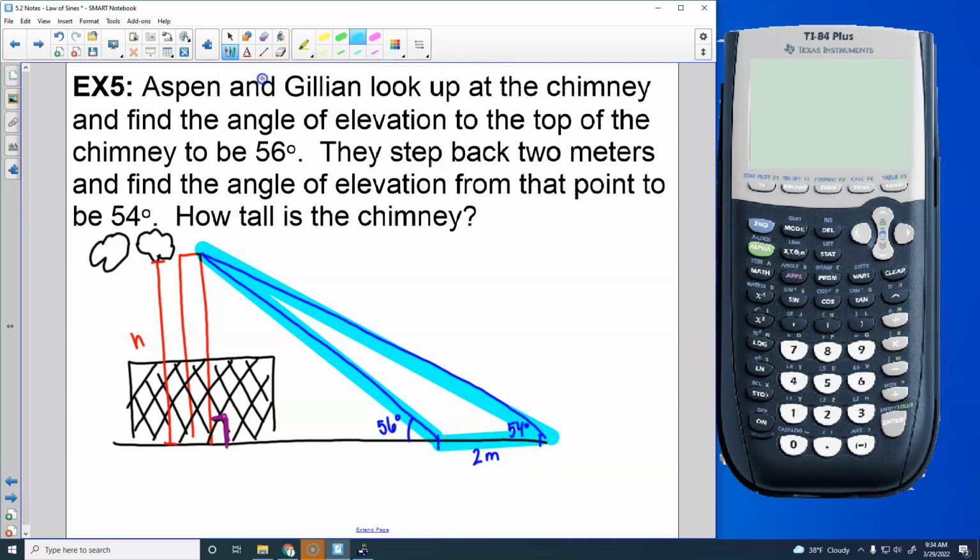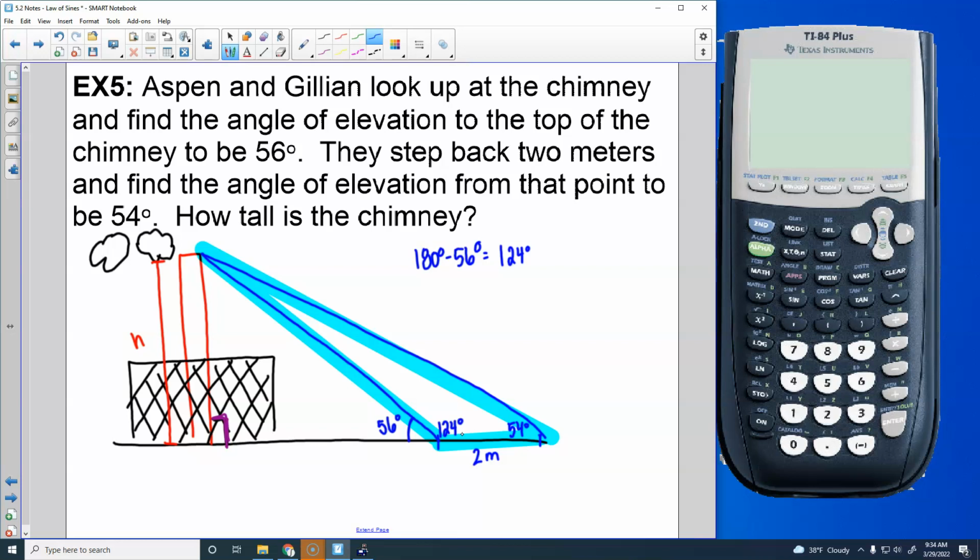So if I do 180 minus 56, that is going to give me 124. That's 124 degrees.